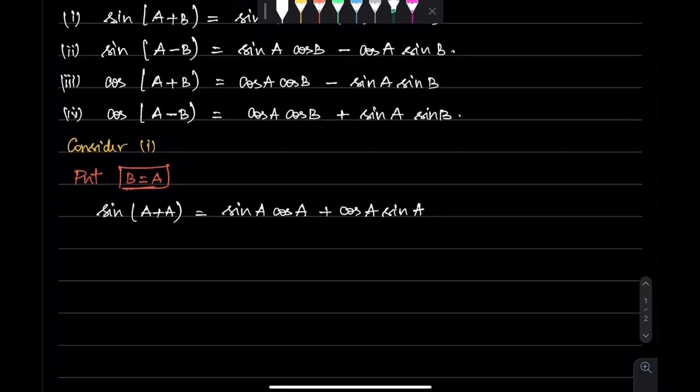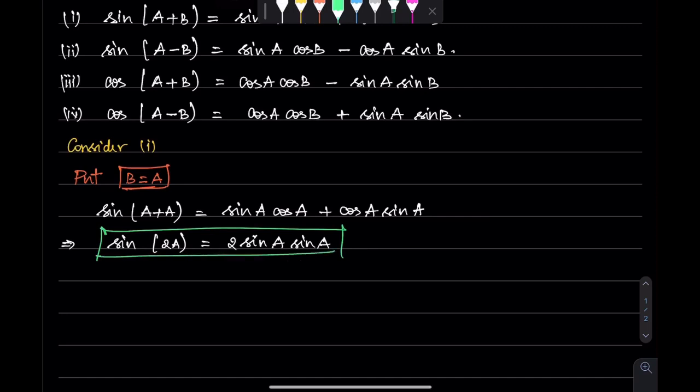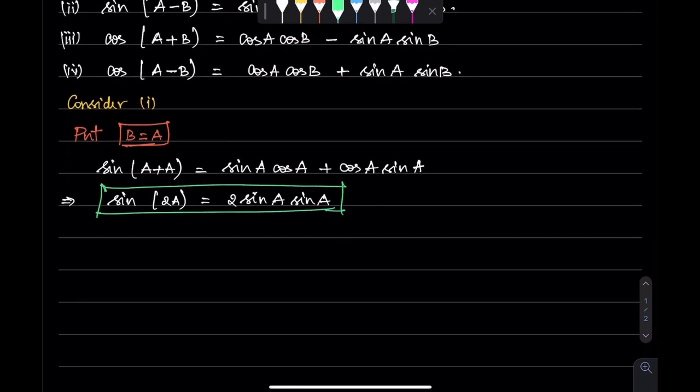Now what does this become? Sin 2a will be equal to 2 sin a cos a, since it's the same. This is one other result, children. So sin 2a is equal to 2 sin a cos a.